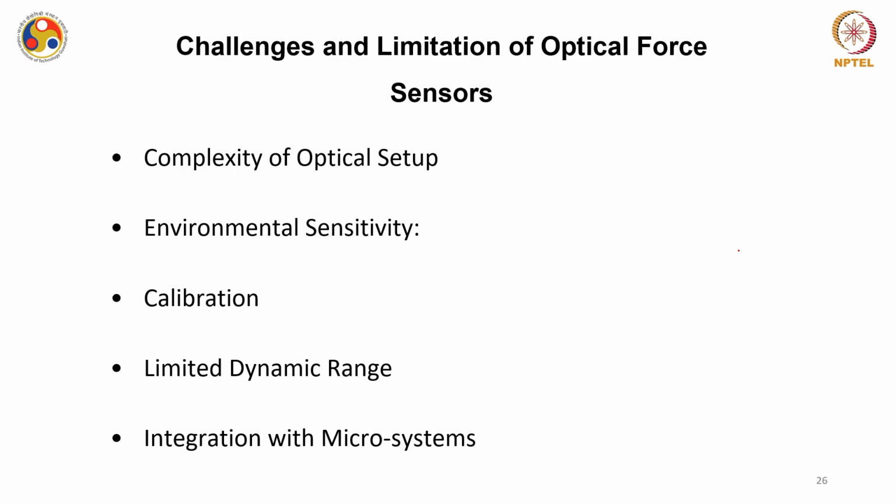Then, as we have seen in the case of interferometers, they are susceptible to changes in environmental conditions. So, they are not that immune to environmental conditions, I would say. Then they will need calibration from time to time, because of the optical sources as well as the lens system involved in it.